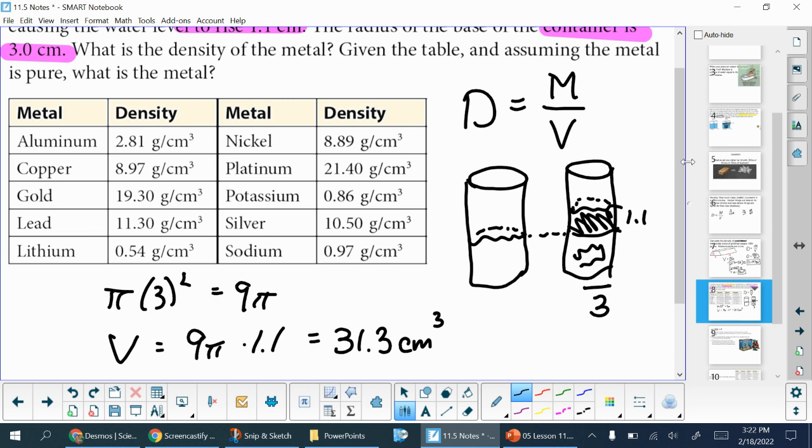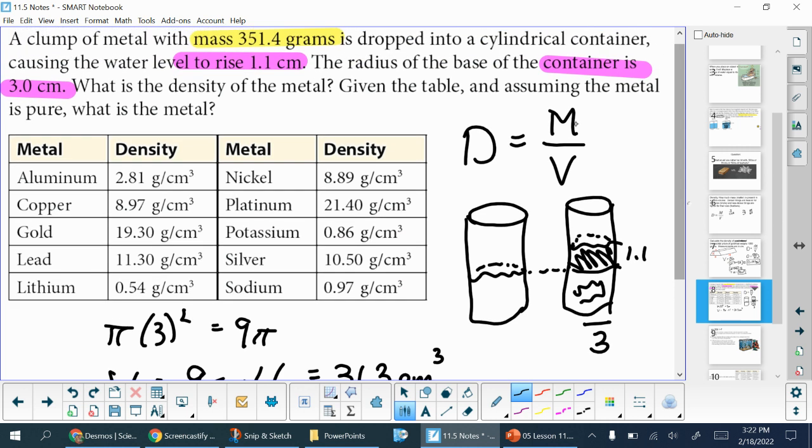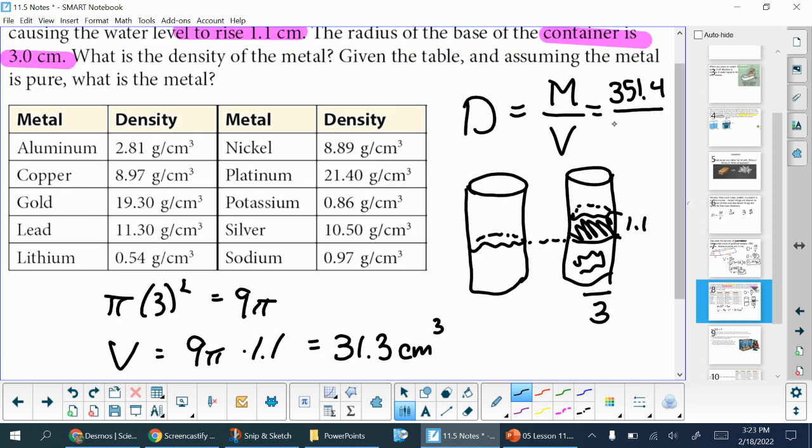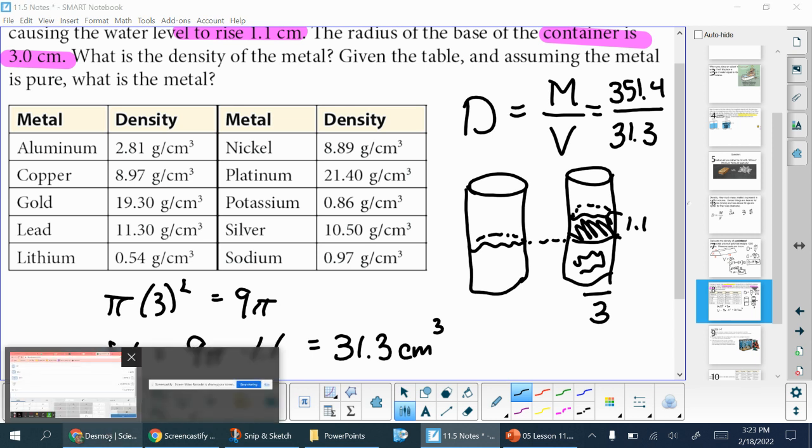Now I can go back to my density equation. Since I know the mass was 351.4, and I know my volume is 31.3, I can calculate my density by just dividing 351.4.